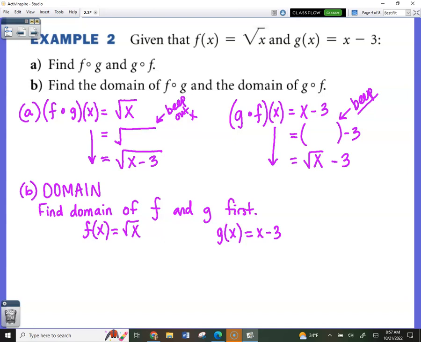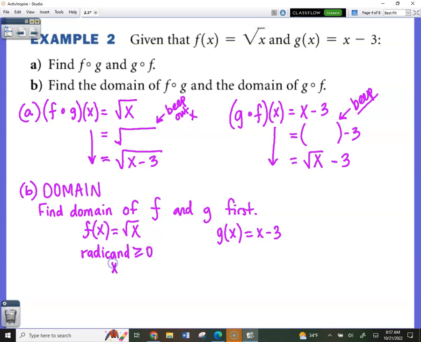What's not allowed under a square root? Negative, which means it can be 0 and stay positive. So to get the domain of any square root, pull the radicand out. Maybe make a note: it's the radicand greater than or equal to 0 every time.